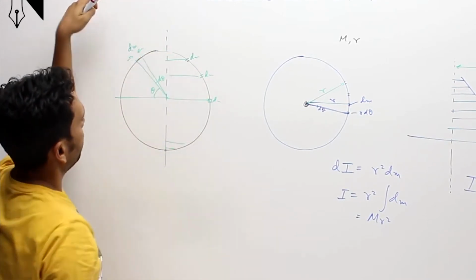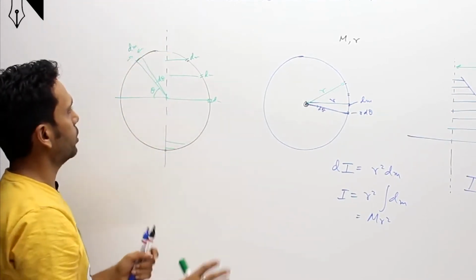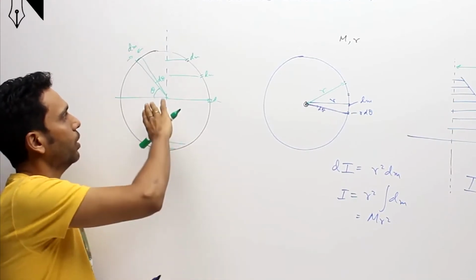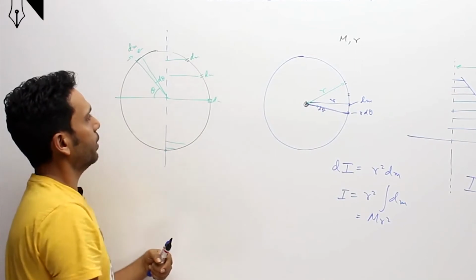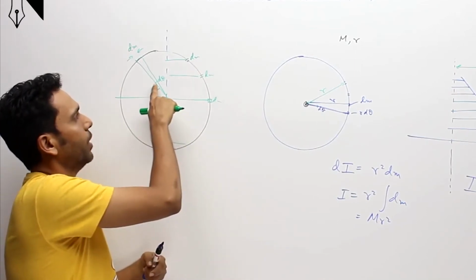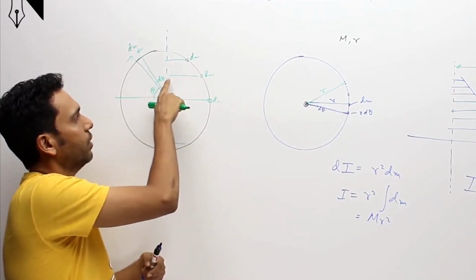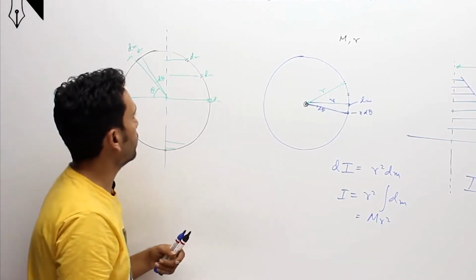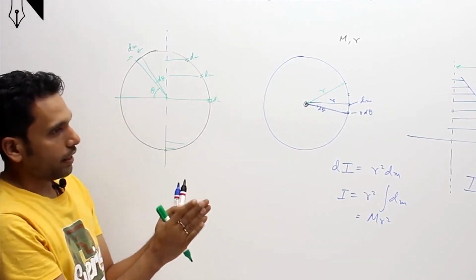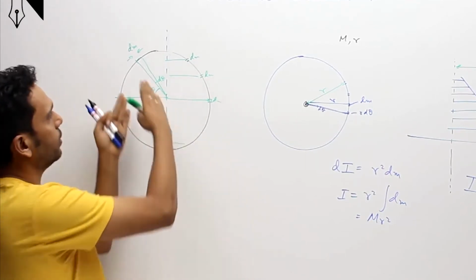Between here to there, that's your dm, because in the integration I'm planning to have the steps of d theta on theta. So my main variable has to be theta and the steps is d theta. So when the integrator goes on to the next step, it is d theta away.